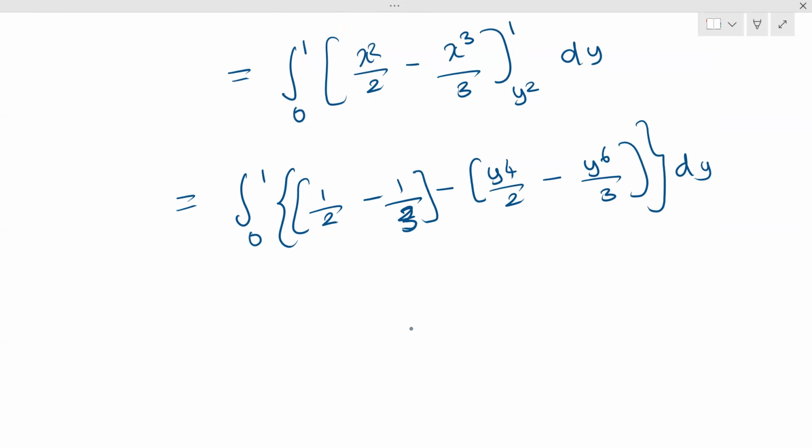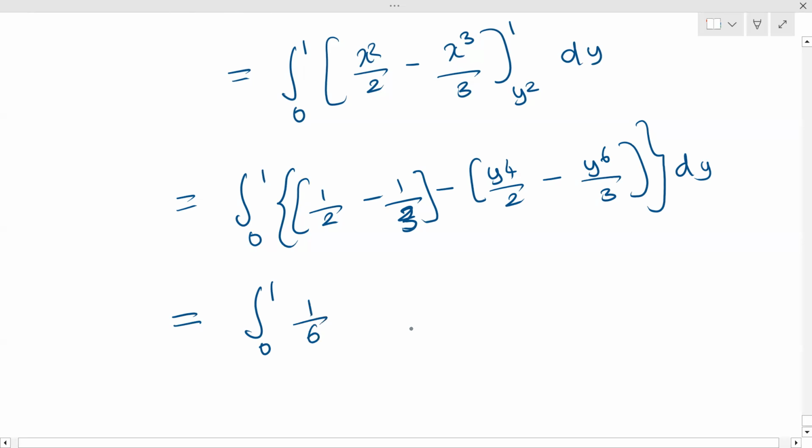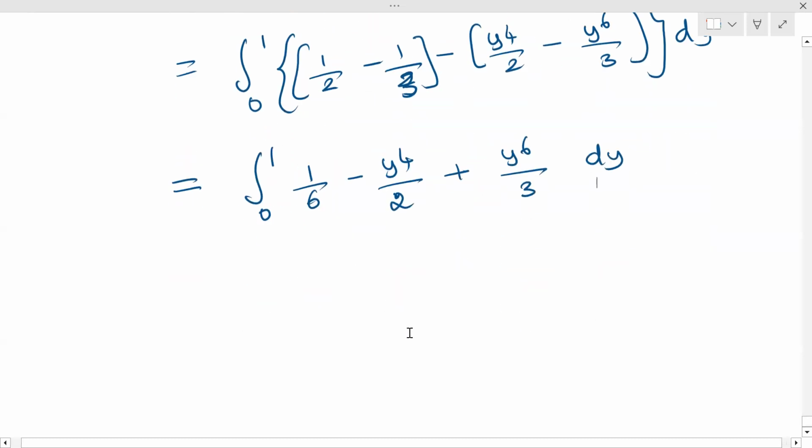So now we have to do the final integration, that is with respect to y. So here we can simplify when taking LCM. What you will get? 3 minus 2, 1 by 6 minus y power 4 by 2 plus y power 6 by 3, dy. Now we do the integration with respect to y.